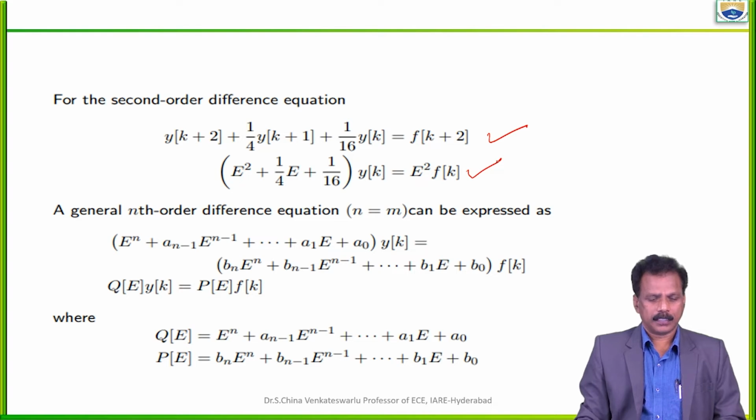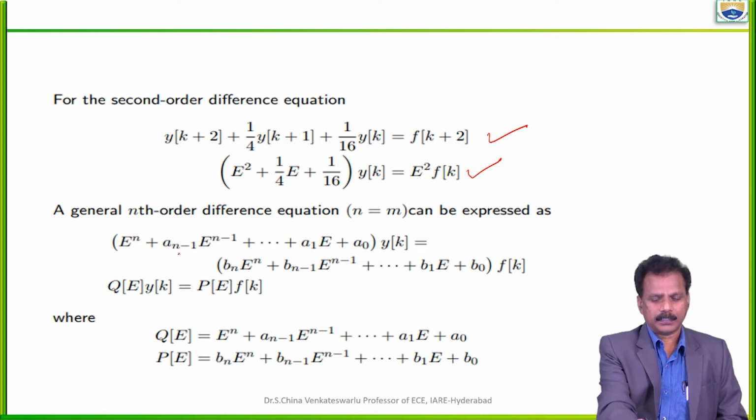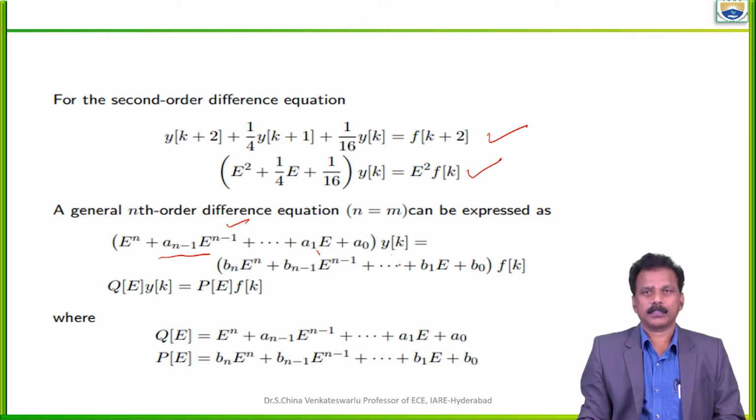Okay, so a general nth order difference equation can be expressed as: E power n plus a n minus 1 into E power n minus 1 plus, and so on, plus a1 E plus a naught, into y of k is equal to b n E power n plus b n minus 1 E power n minus 1 plus, and so on, plus b1 E plus b naught, into f of k.